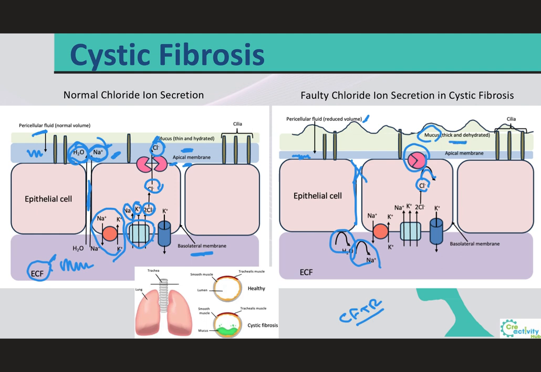Now, the buildup of mucus also makes it easier for bacterial infections to occur because bacteria like to grow rapidly in this accumulated mucus. And clogging and infection of the airways will lead to this difficulty in breathing, as you can imagine. And then eventually there's going to be the destruction of the lung tissue.